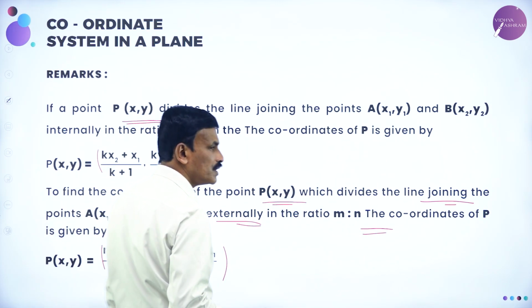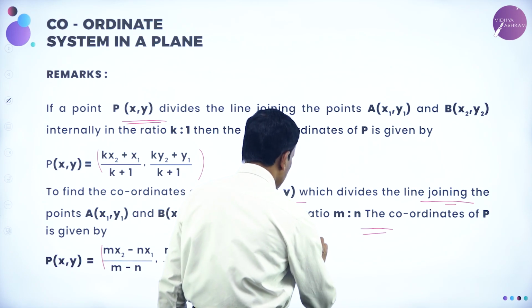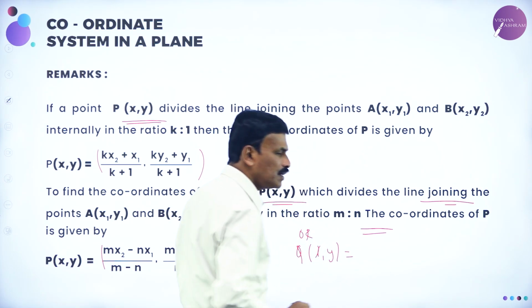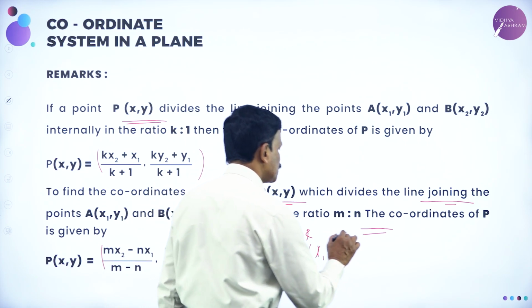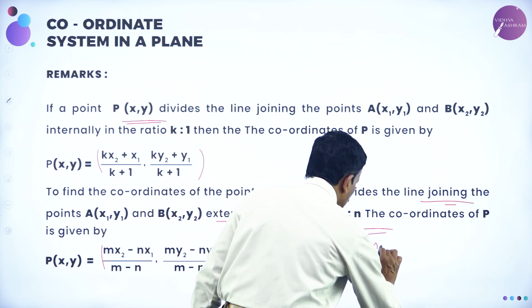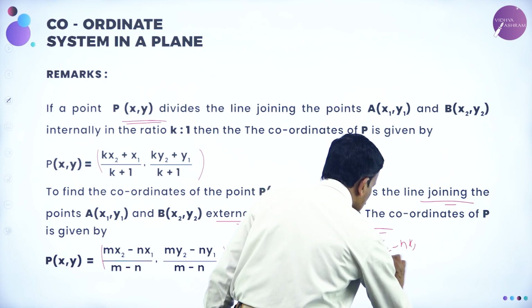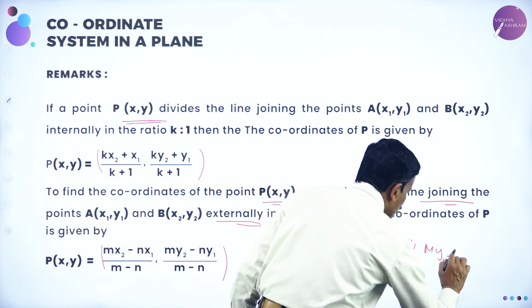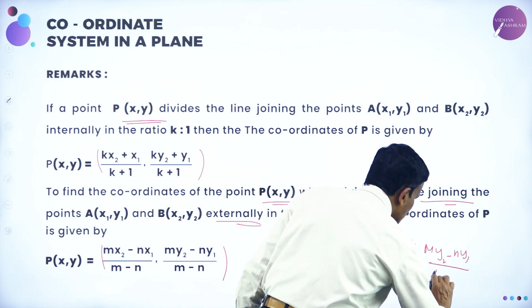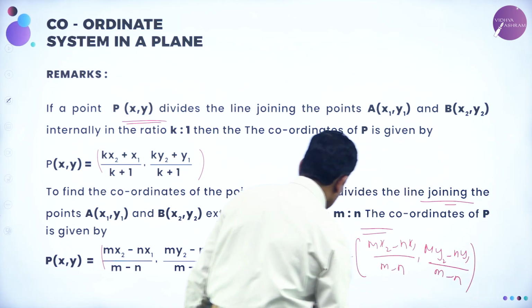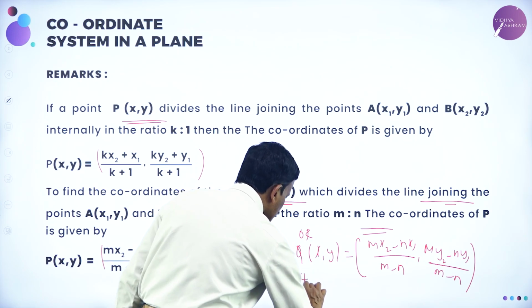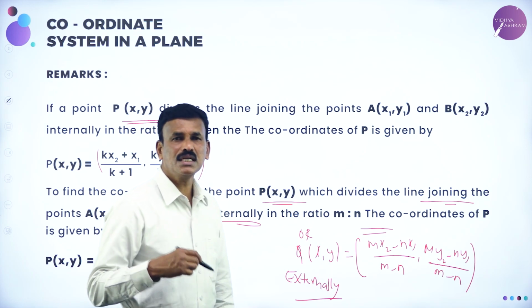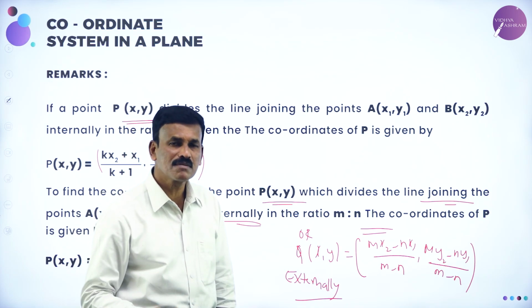So if Q divides AB externally in the ratio, then Q(x, y) for external division is given by these coordinates. This is called the external division. So for internal division it is plus, for external division it is minus.